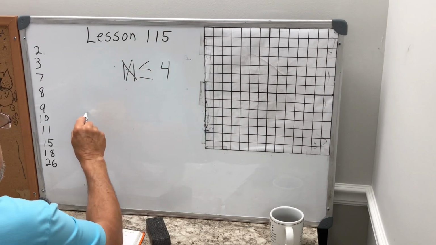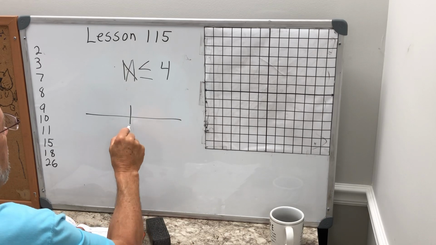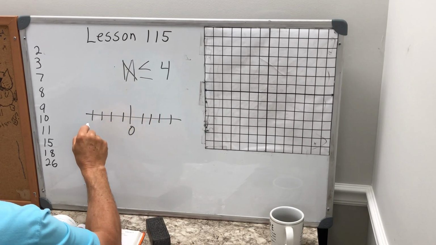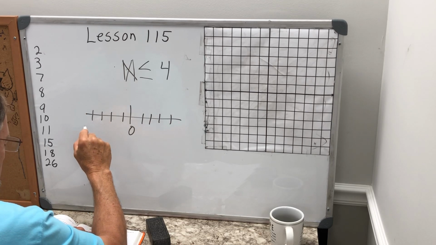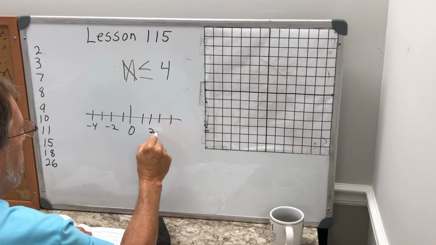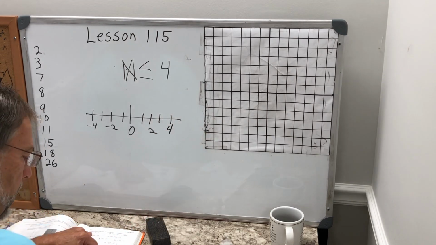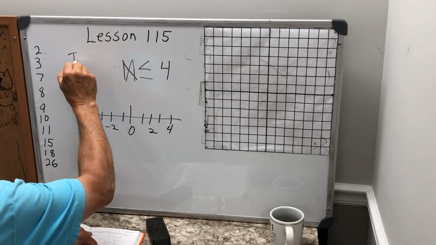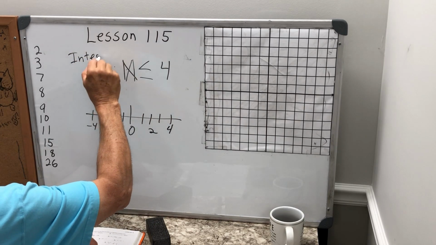Now what kind of, in these 1, 2, 3, 4, 1, 2, 3, 4, -4, -2, 2 and 4. It says that the domain is integers, very important here.